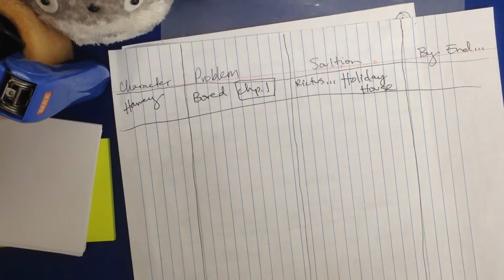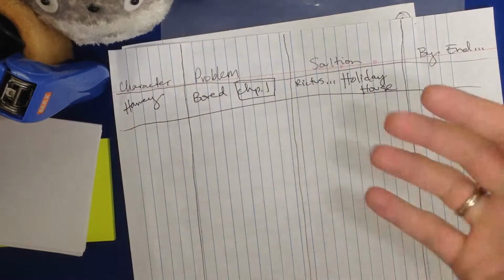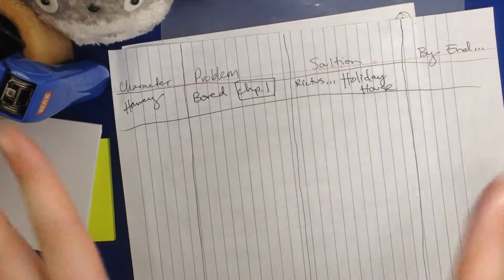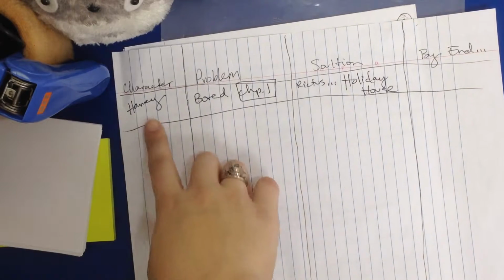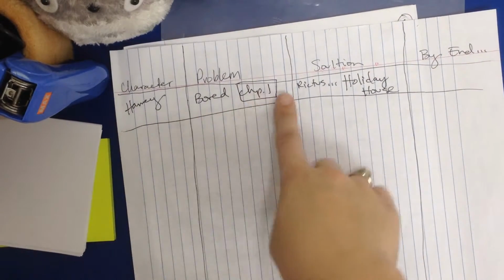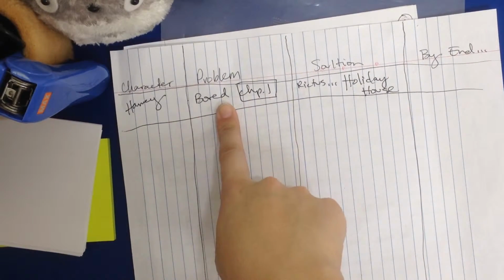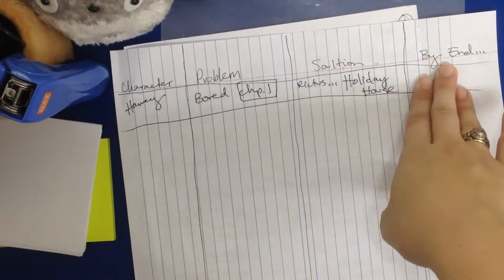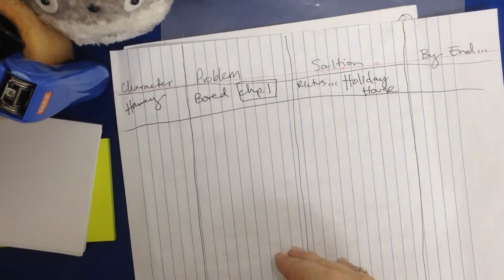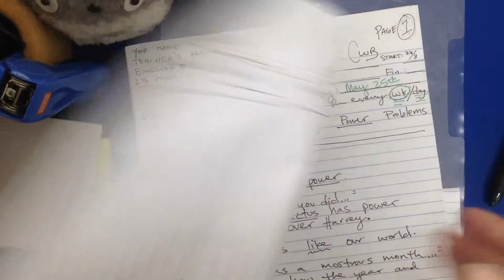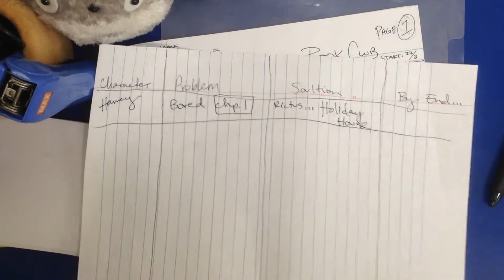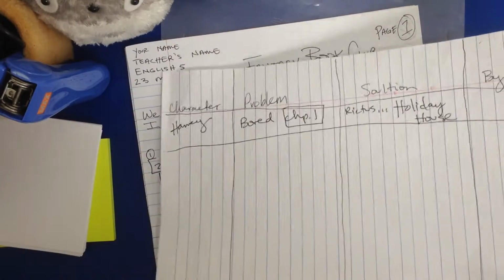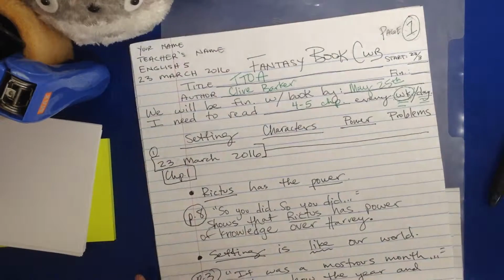What you're doing on here is, as you see problems arise in the story, and there's going to be at least one, you're going to say whose problem it is, where you see it first appear, and if you see a solution, but maybe you have to wait till the end for the solution, and you would keep tracking this. You may need to go to the back, you may need to go to another sheet of paper, and that is okay. So just keep that going as you read through your novel.